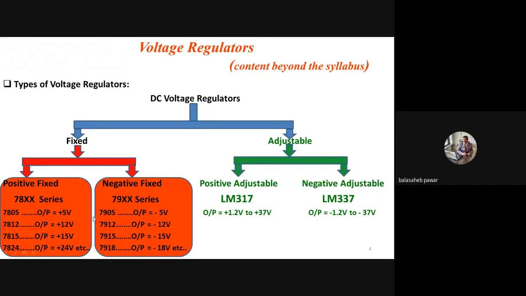Similarly, if another IC has the number 7905, its output will be minus 5 volt. Okay, but in your syllabus, these two are not mentioned. Only the adjustable regulators are mentioned, that is positive adjustable and negative adjustable. And that's why I highlighted this topic as content beyond the syllabus.